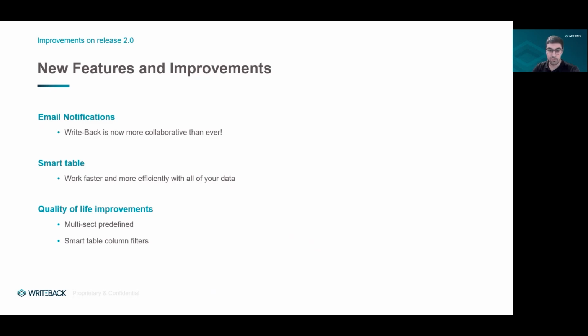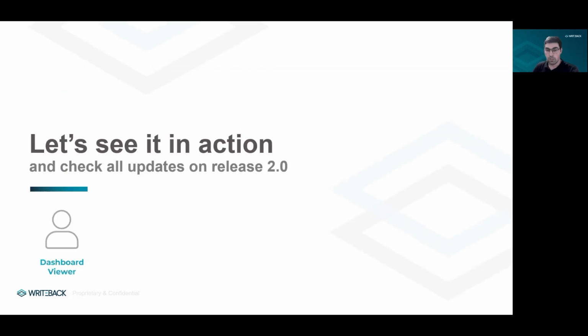We now call it Smart Table. That's an input type on RightPick that lets you input multiple rows at the same time across your data. We're going to see all of these in place. And then we have some entries for new improvements that are minor considering the previous features, but they give us a lot of flexibility in configuring RightPick. So let's see the new version of RightPick in action.